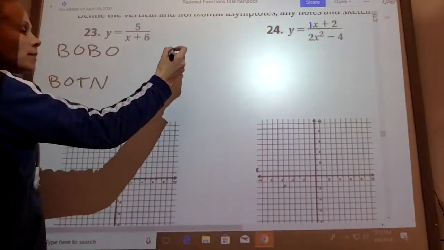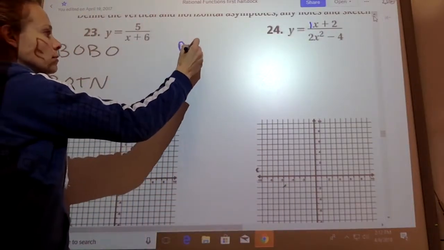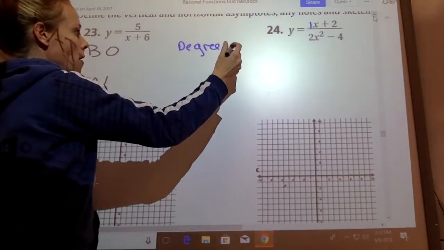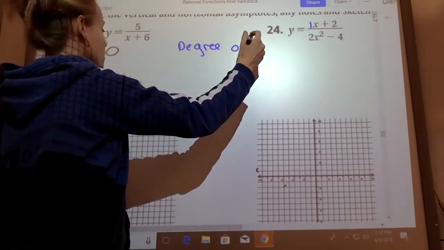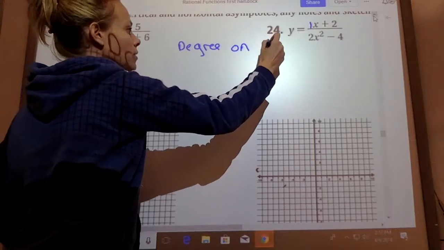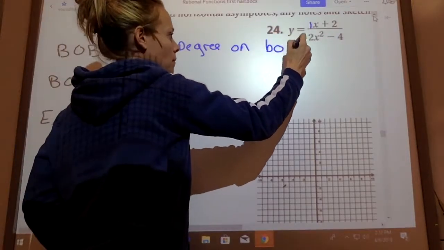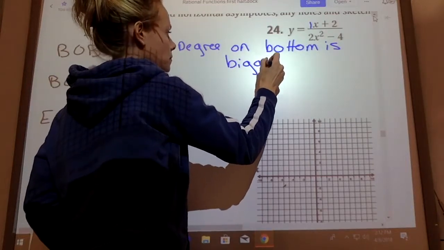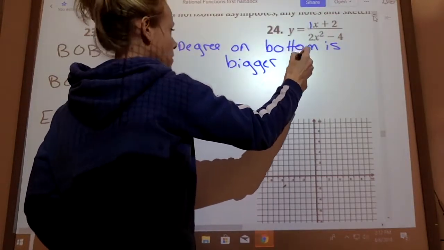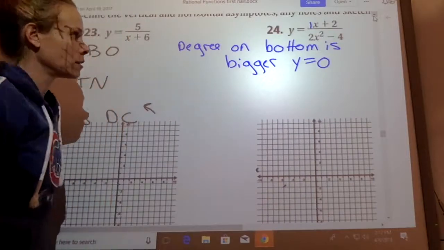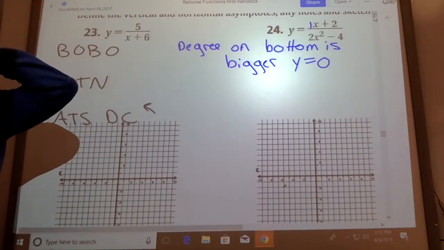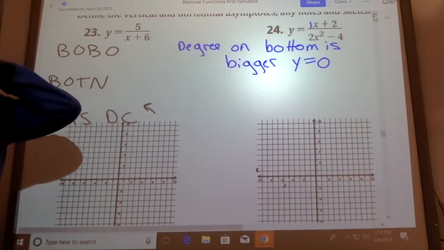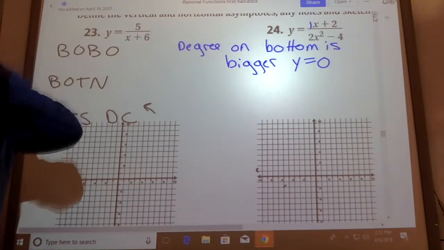If the degree on bottom is bigger, it's 0. If the degree of the polynomial is bigger on bottom, your horizontal asymptote is 0.